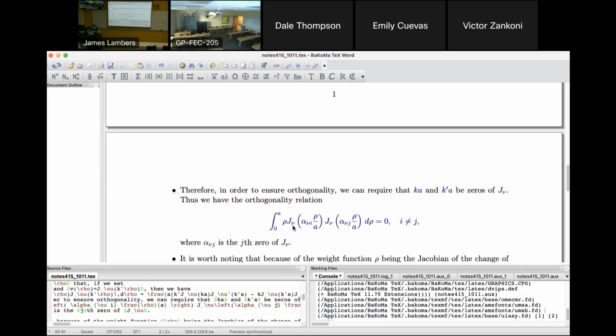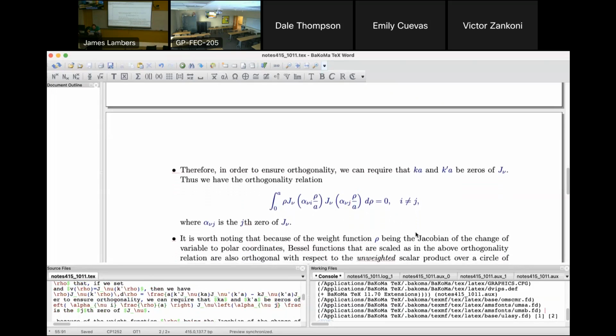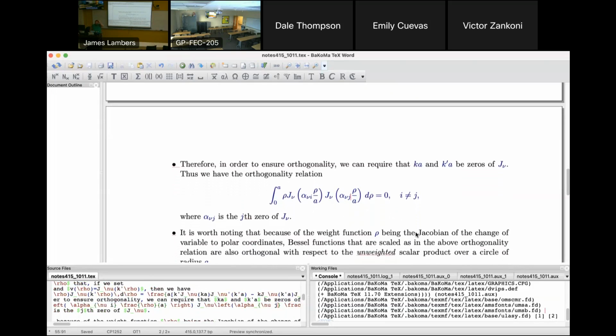So J nu of alpha nu j over a times rho. So that set of functions is orthogonal. Any questions about this?